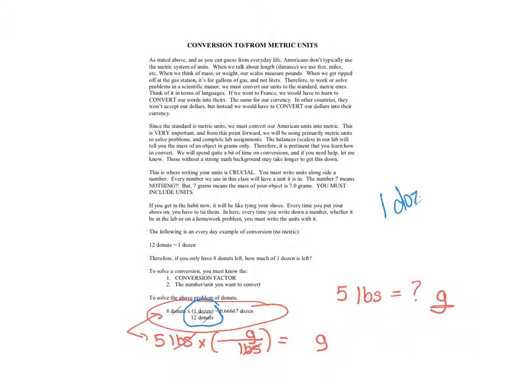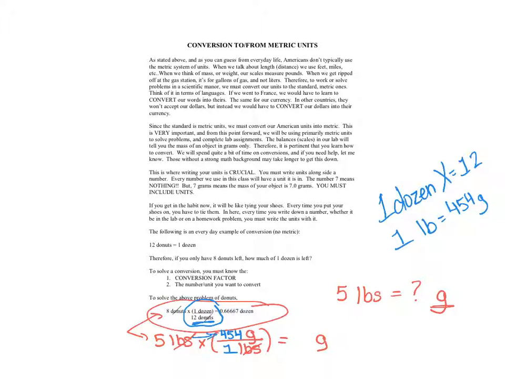Everybody should know that 1 dozen of anything is equal to 12, right? Well, you might not know how many grams are in a pound. That's okay, you look it up and you find out that 1 pound is equal to 454 grams. So just because you don't know it in your brain, you don't have it memorized, you may have to go look it up, but notice it works the exact same way. 1 pound is equal to 454 grams, just like 12 donuts or 12 individual anything is equal to 1 dozen.